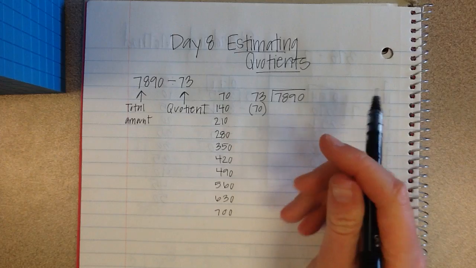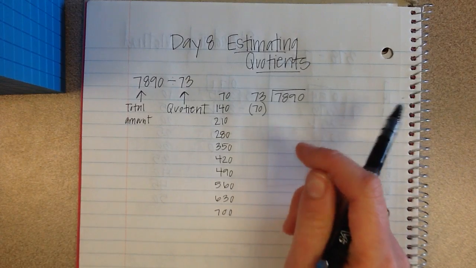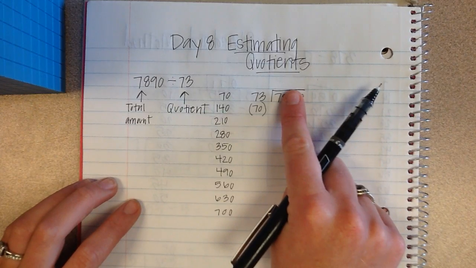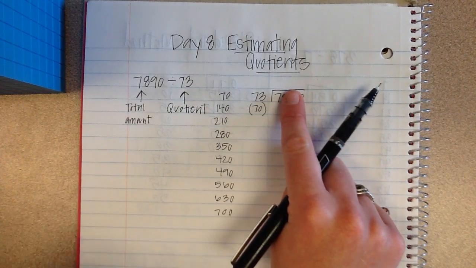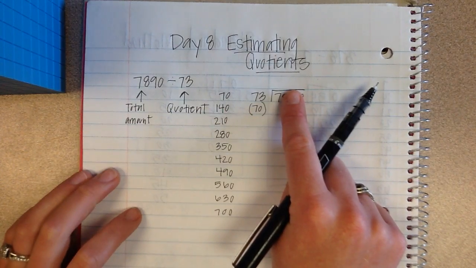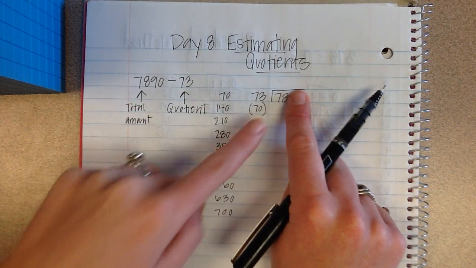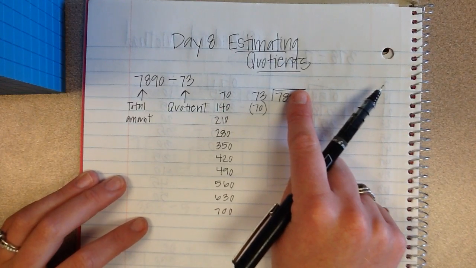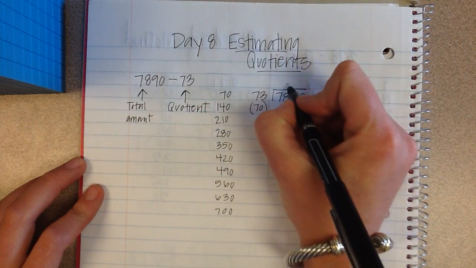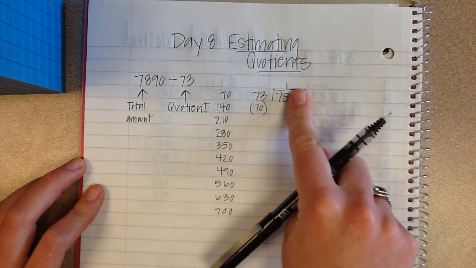Now, like we did yesterday, we're going to start from left to right. Does 70 go into 7? No. And also remember, we're going to ignore the 73 now and think solely on the 70. Does 70 go into 78? Yes, it does. I know it goes into it one time. So I'm going to put a 1 over the 78.